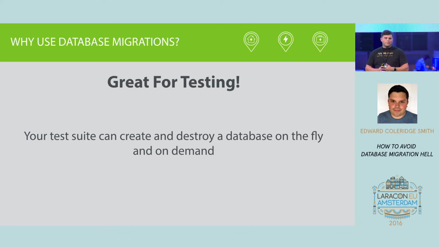And finally, they're great for testing. If you've got a suite of acceptance tests or functional tests or anything like that, you can quickly spin up a database, run some tests against it, like make sure your forms work, or if you're building a REST API, hit all the endpoints on it. And you can also spin up the database maybe using a different driver to what you're actually using in production.